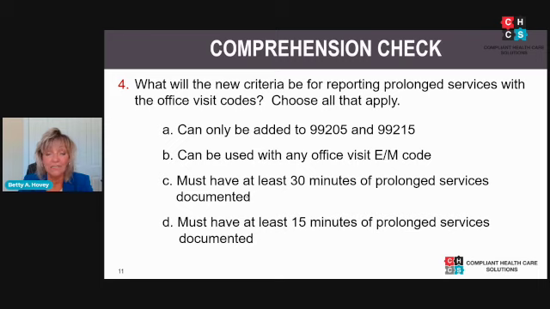They can be used with any office visit E&M code. They must have at least 30 minutes of prolonged services documented, or they must have at least 15 minutes of prolonged services documented. So 2 out of those 4 things are true. So which 2 would y'all pick as being the things that we do want to do with the new prolonged service codes?